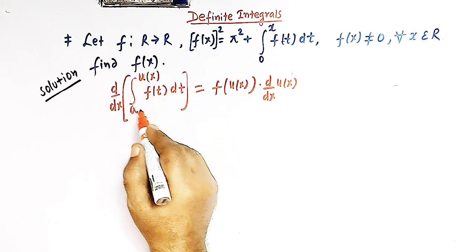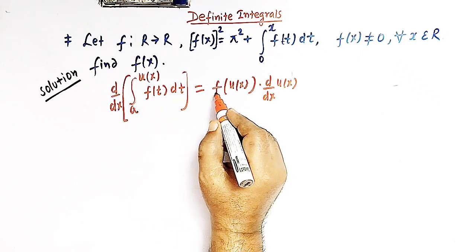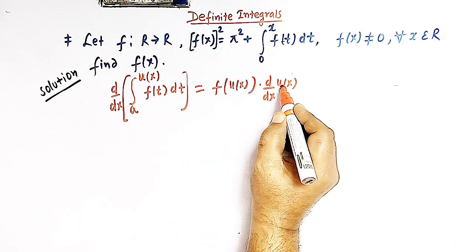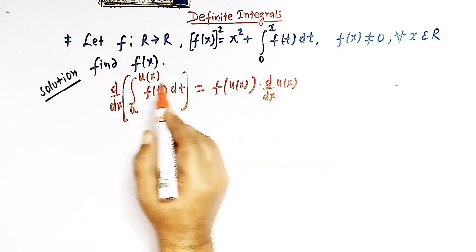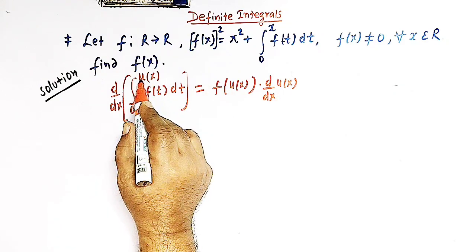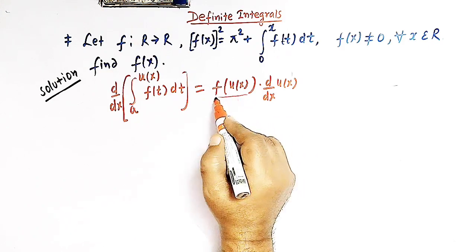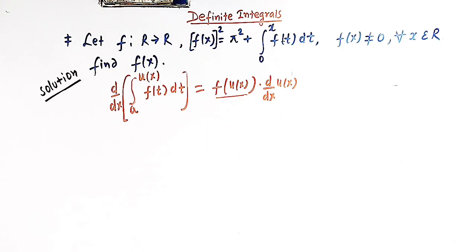So the derivative of this integral is given by f of u of x multiplied with the derivative of u of x. So first we'll replace this t by u of x, and then we multiply this term with the derivative of u of x.